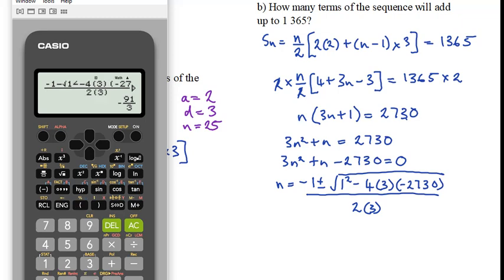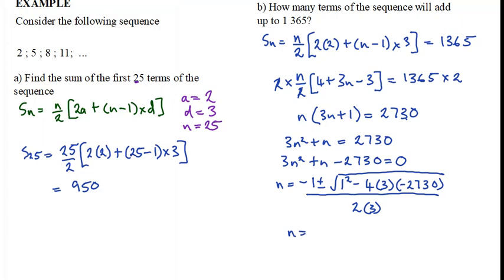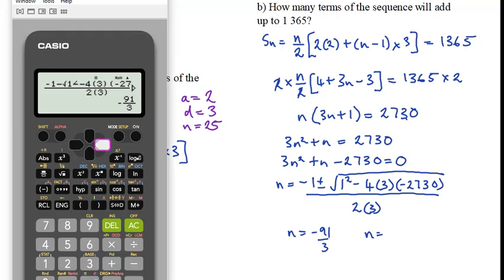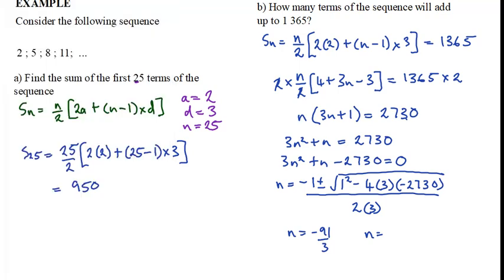Okay, so the first solution is negative 91 over 3, and for the other n, you just come back here, delete, put a plus, and 30. Okay, but we can see that this is not going to be a valid solution. So what that means is that this is going to be the sum of 30 terms.